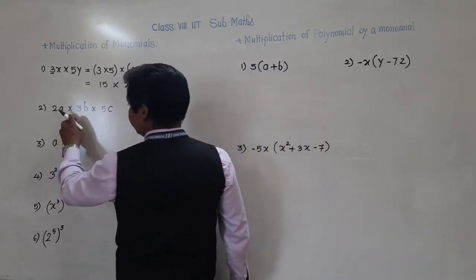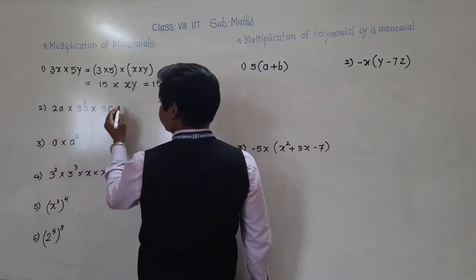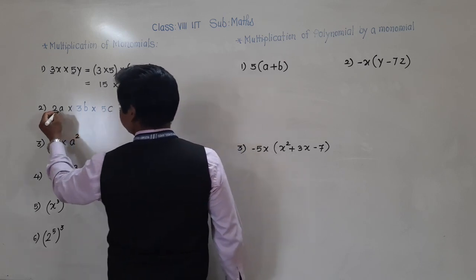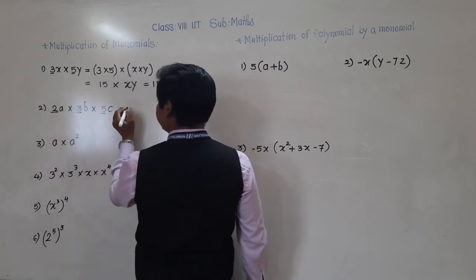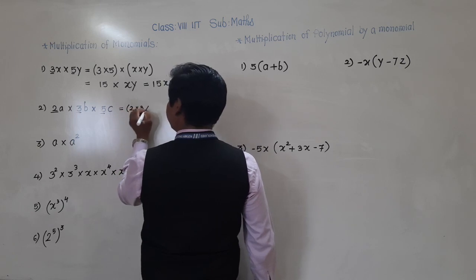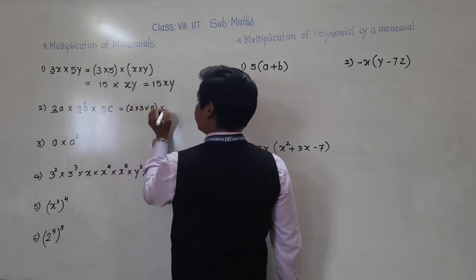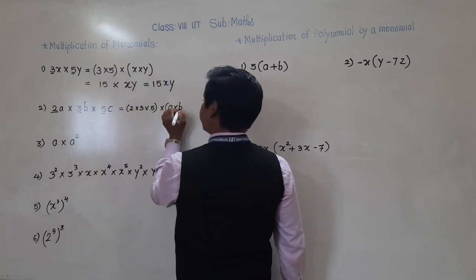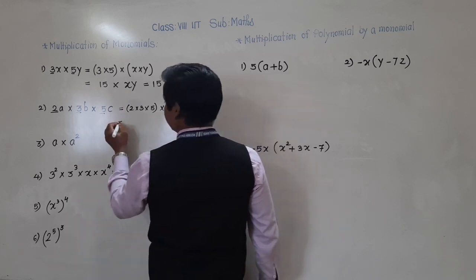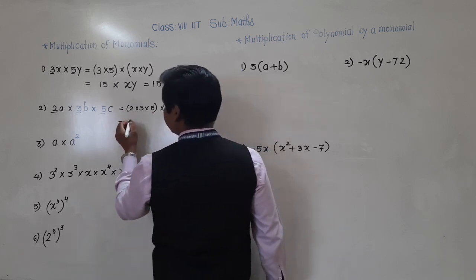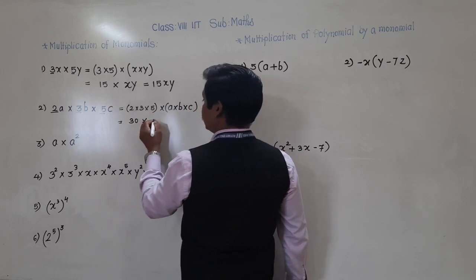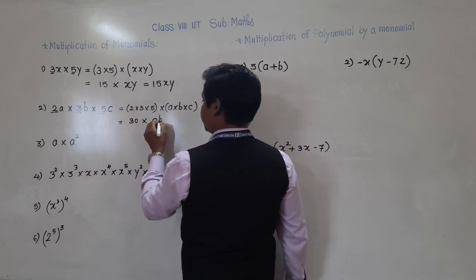Here see 2a multiplied by 3b into 5c is equal to. So first multiply the numerical coefficients, 2 into 3 into 5, into the literal coefficients a into b into c. So 5 threes are 15, 2 fifteens are 30, into a into b into c, abc.